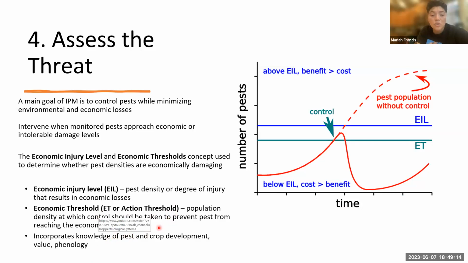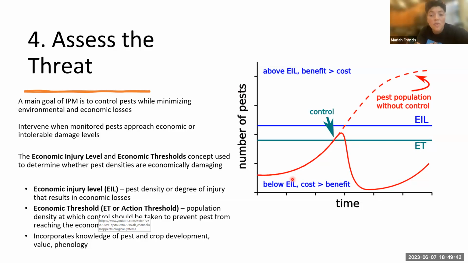So the economic threshold or action population density at which control should be taken to prevent pests from reaching the economic injury level. So here's what I'm confused about. Below the EIL, cost is greater than benefit. Why wouldn't, okay, so to me, I'm reading this wrong, because what I'm seeing is I want it to be below the EIL because it's worth it.